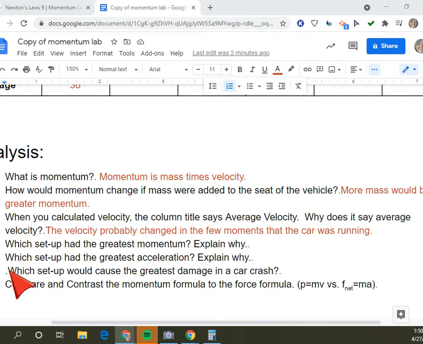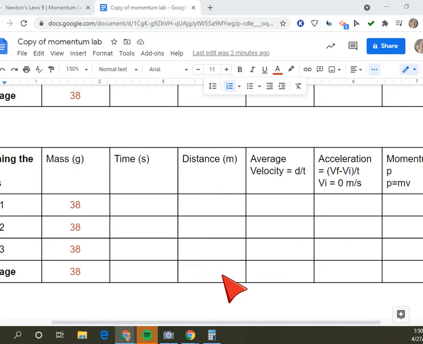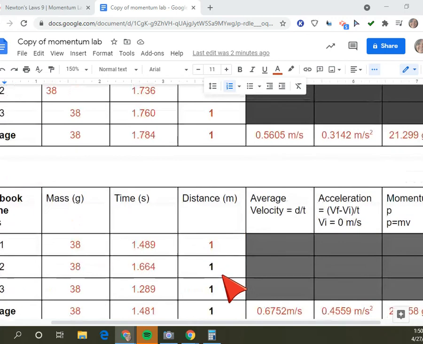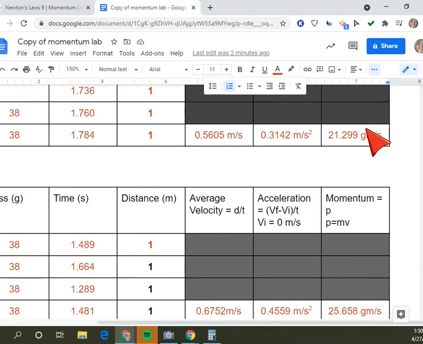So let's talk about 6. Which setup would cause the greatest damage in a car crash? Go back to our data, momentum and force. Which one's going to cause the greater damage? The second one, and notice the velocity.